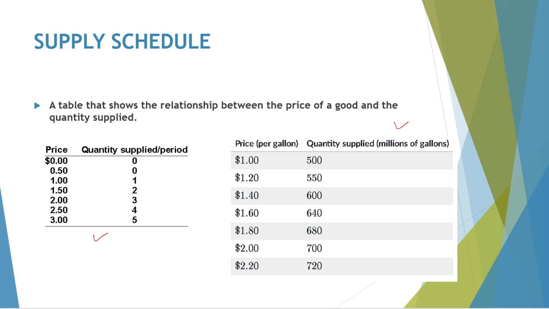Kalau kita tengok kat sini, pada harga $1 per gallon, the quantity supplied hanya it can reach sampai 500 million gallons. Tapi when the price rises kepada $2.20, the quantity supplied can reach until 720 million gallons.